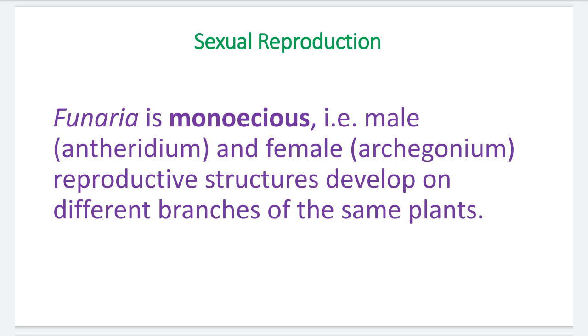The male antheridium and female archegonium reproductive structures develop on different branches of the same plant. The plant is single, but a single plant has many branches, and these branches produce the antheridia as well as the archegonia. These antheridia and archegonia cannot develop on a single branch. They develop on different branches of the same plant. So this is the sexual differentiation, that is, monoecious in Funaria.